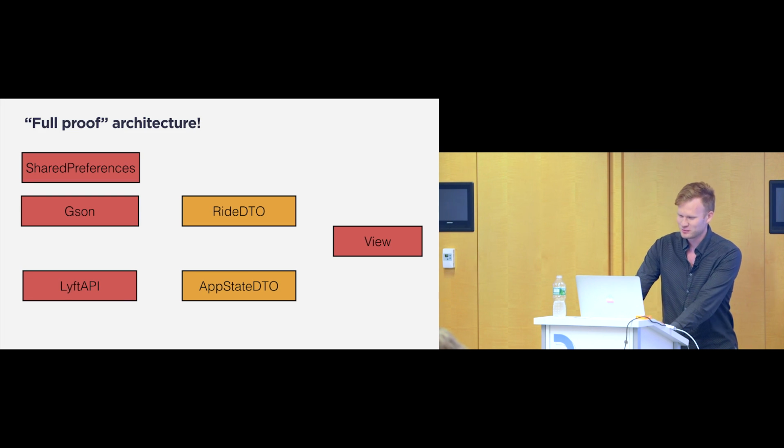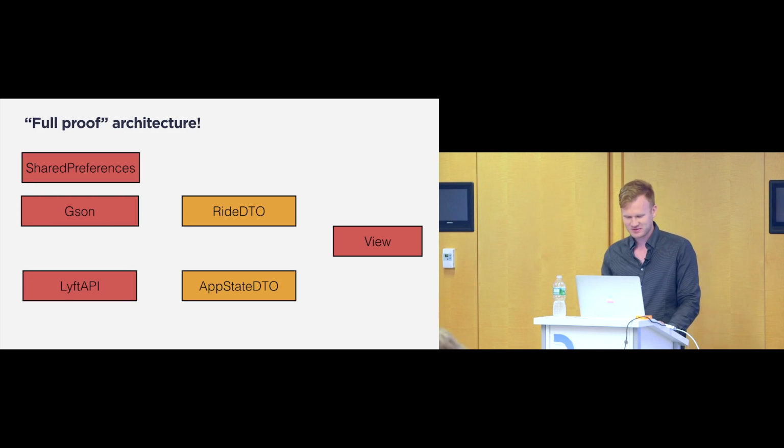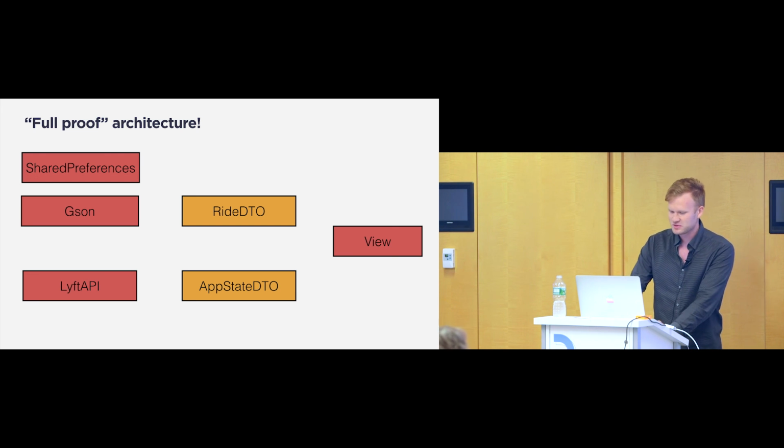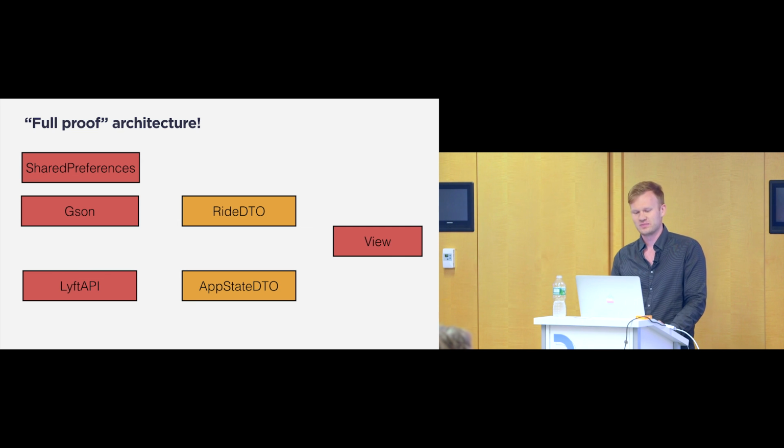Let's apply the foolproof architecture method and put everything inside the view. Inside the view, we're going to use the Lyft API that gives us the app state, and for caching, we will use Android shared preferences and JSON to serialize the latest state of the ride.